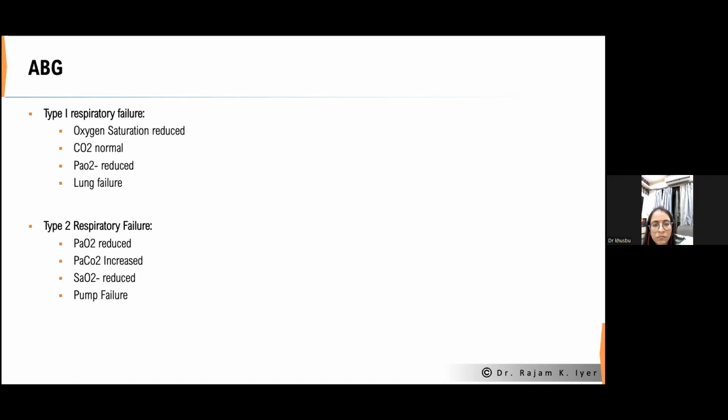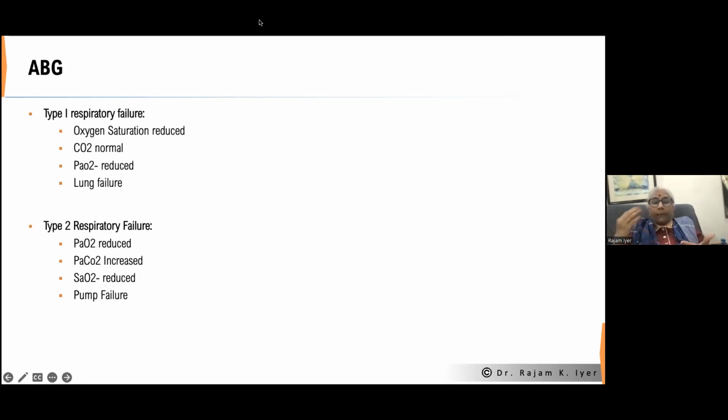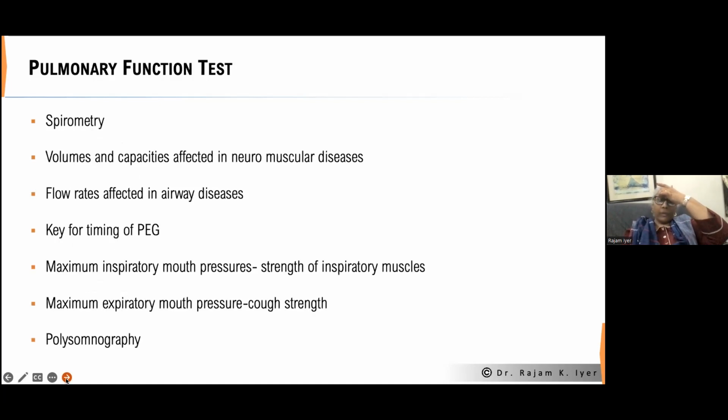Understood? Any thoughts, any queries, any suggestions? So if you understand, when you see an ABG, type 1, type 2, automatically you look for causes, lung failure, pump failure. Okay? So that is important, and you must get an ABG done for all patients who report with breathlessness. Very, very important, gives you a lot of information.